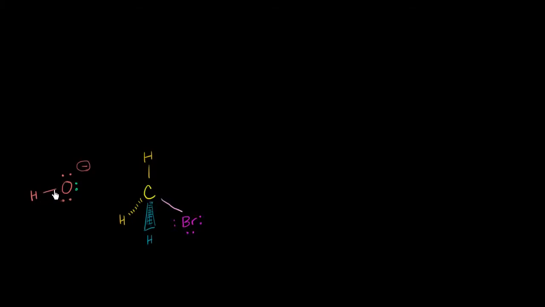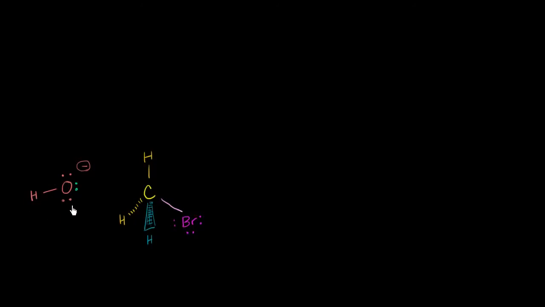So you could think of that as another electron, which gives it a -1 charge. Now this right over here has 1 carbon in its backbone, so it's a methane, and it has a group consisting of bromine. So this is bromomethane.